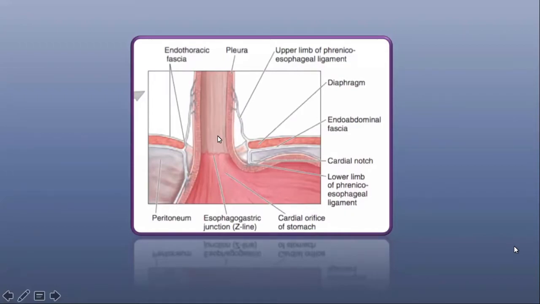Now, again, very important, immediately superior to this junction, that is where you will find your constriction. That is your lower esophageal sphincter. That lower esophageal sphincter is very important, because if this sphincter fails to close adequately, then there is the tendency of food coming from your stomach to reflux back here.